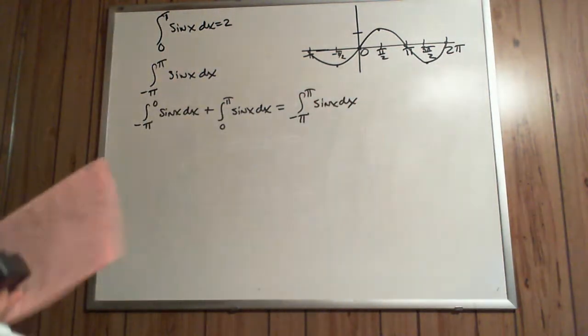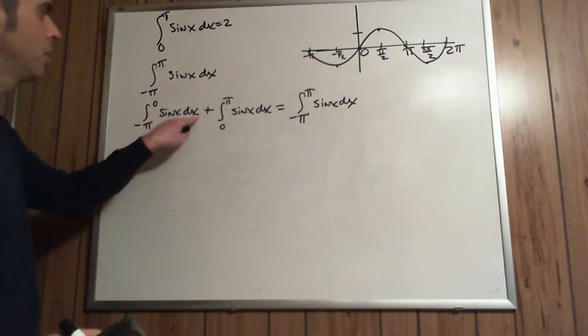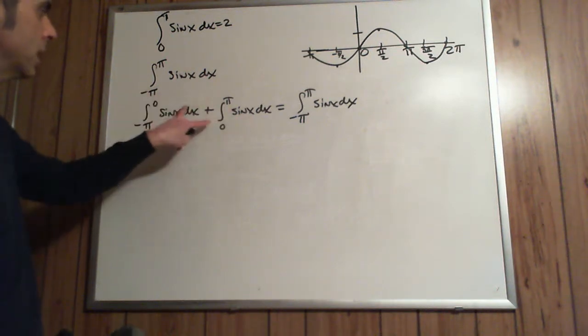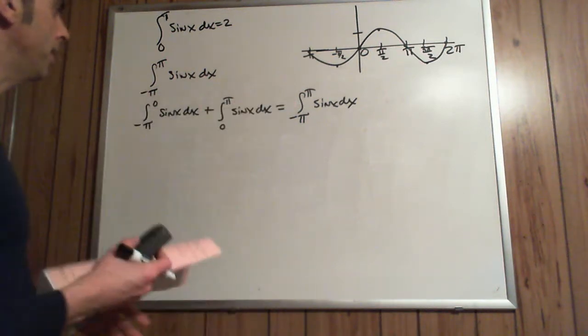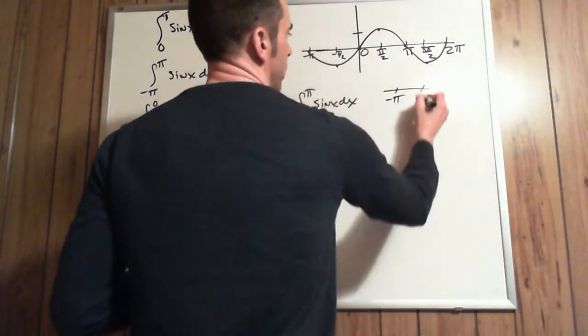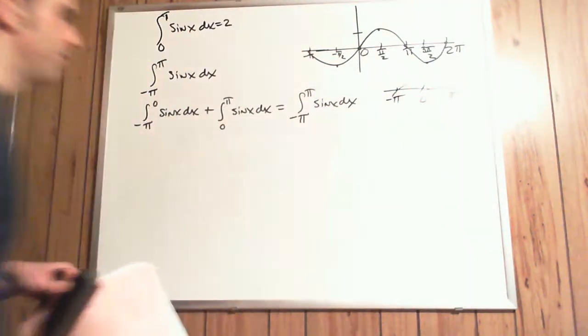I can add definite integrals. If I'm going from negative pi to 0 and then from 0 to pi, that would give me from negative pi to pi.